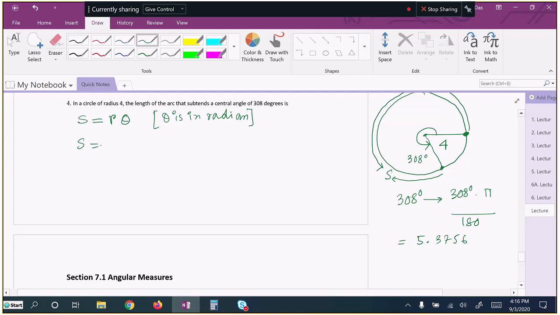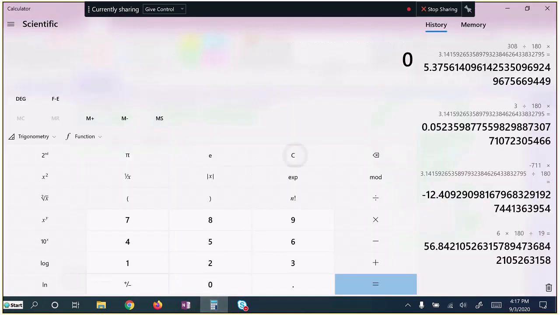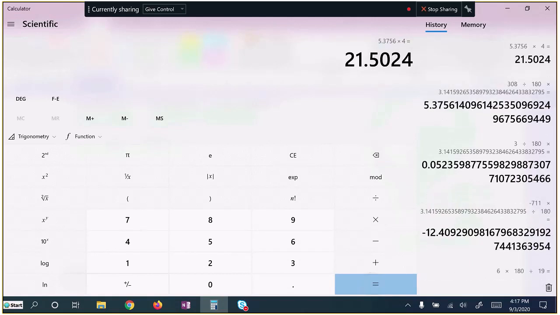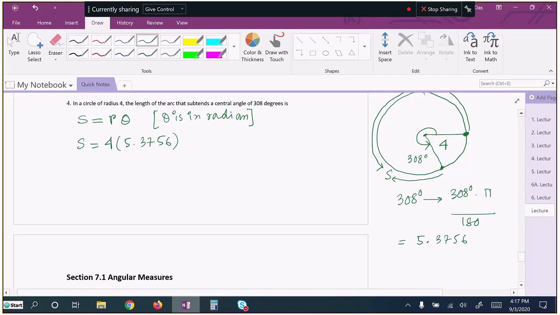So in this formula, S is going to be, remember your radius was 4 units, 4 times 5.3756. So when I multiply these two numbers, what do I get? 5.3756 times 4, approximately 21.5024. And because no specific units are given for the length, I'm just going to say units. Answers your question?